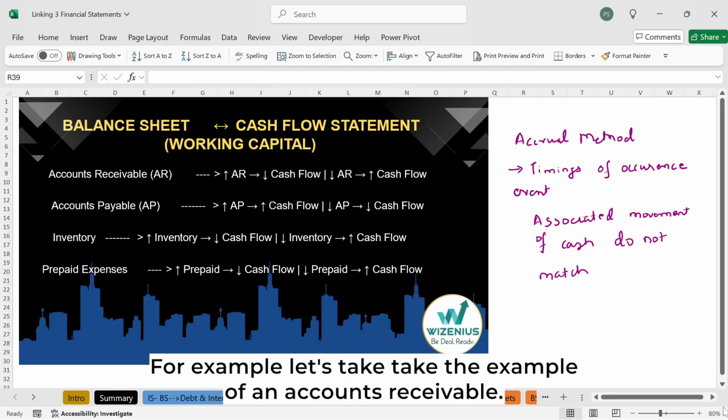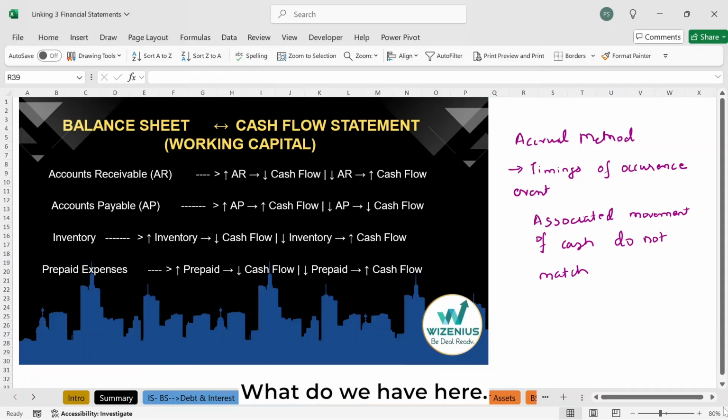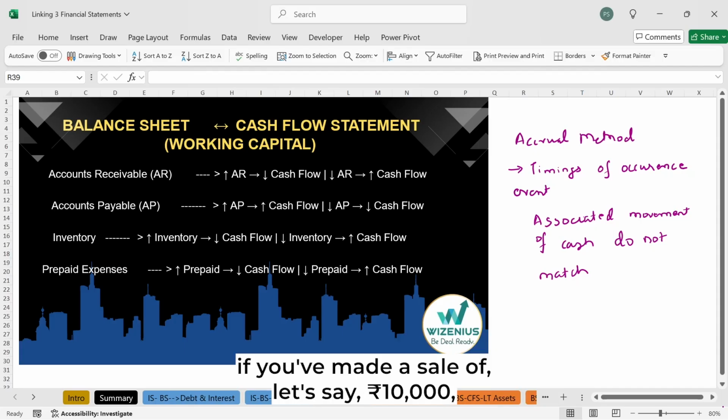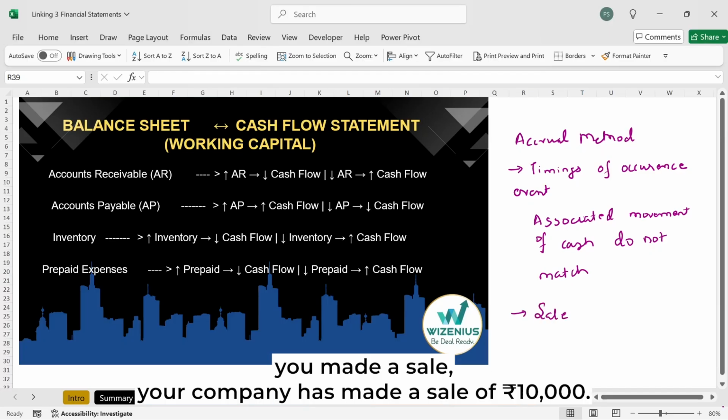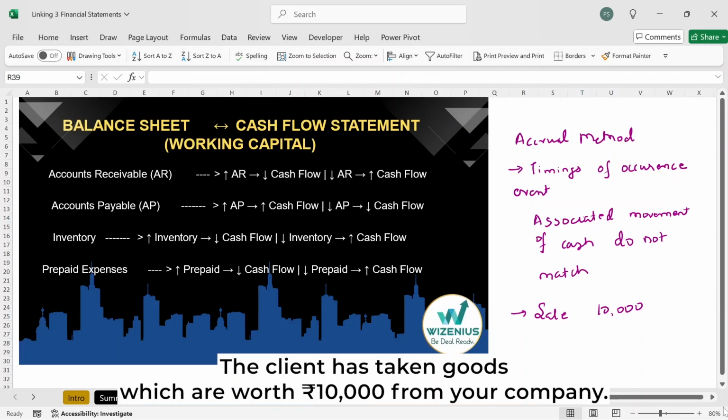For example, let's take the example of an accounts receivable. What are accounts receivables? It's a simple concept where, let's say, your company has made a sale of 10,000 rupees. The client has taken goods worth 10,000 rupees from your company.